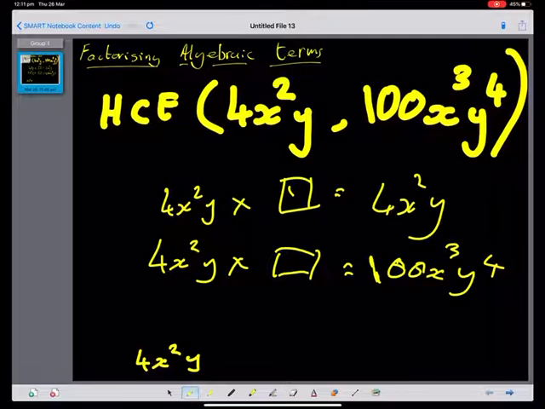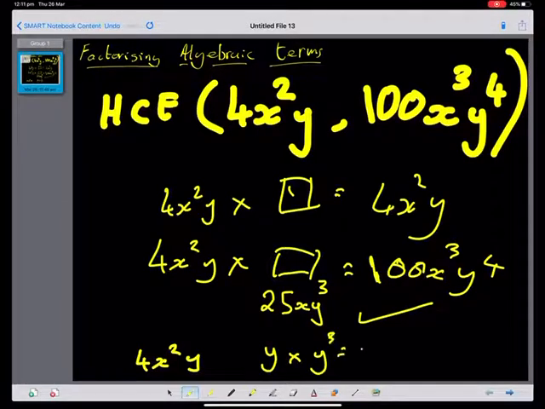Okay, so 4 times 25 gives 100, and we need to get x cubed, so we need to multiply by 1 more x and y to the 3, so that works. Just remember that when we multiply in, we add the powers, which we've done previously. Okay, hopefully this helps. If it doesn't, you need to do a little bit more practice. Start on the easy questions and then take a look at the video again.